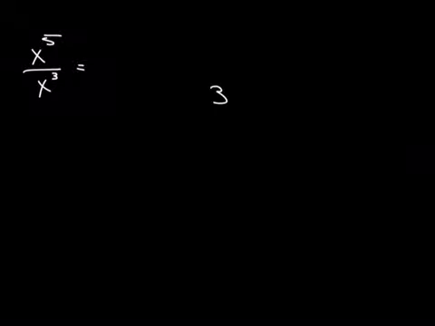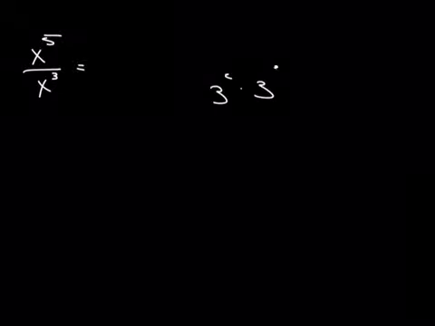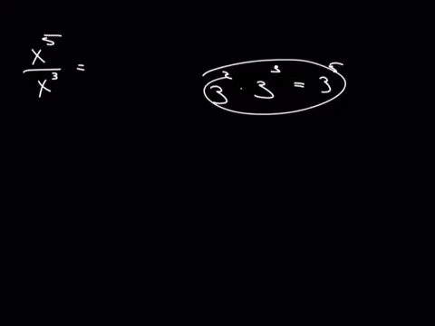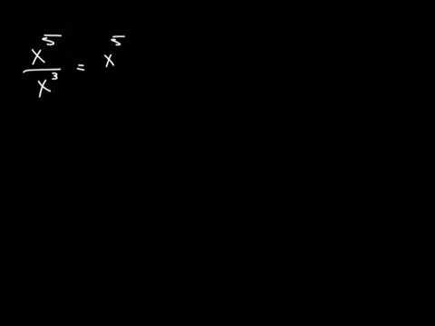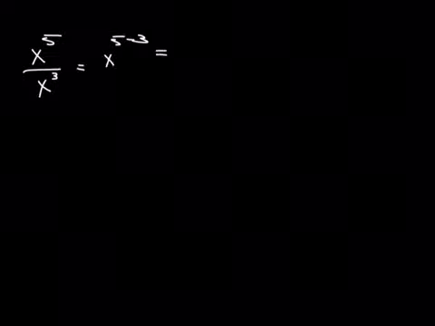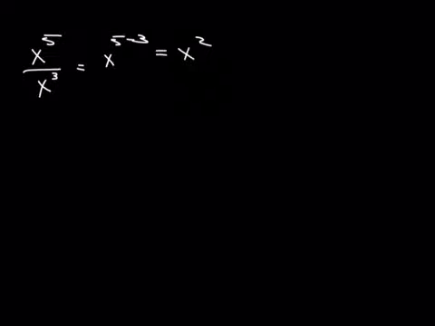So if we had 3 squared times 3 cubed, we'd get 3 to the 2 plus 3, which is 3 to the 5th. Well, division is very similar, but instead of adding, in division we subtract. So this is x to the 5 minus 3, which is x squared. Okay? So that's how it works.